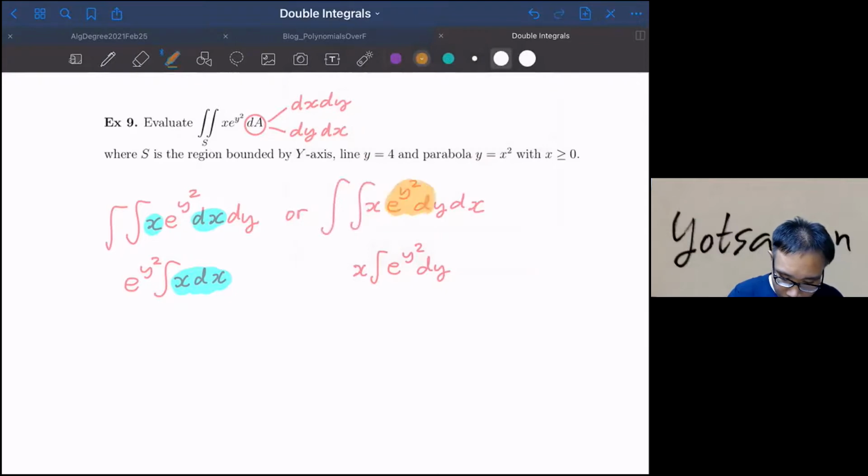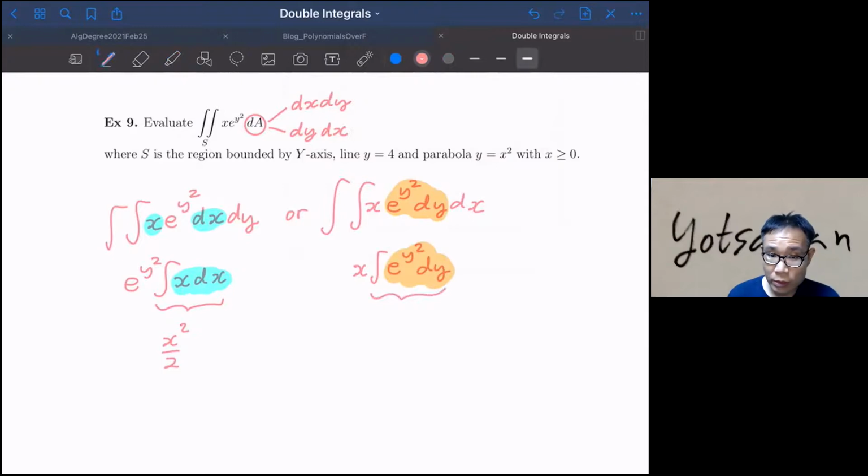Why did I do this? For you to see which one can be done and which one cannot. If you integrate x dx, this one is okay. It's just x squared over 2, quite easy. However, for this one, you integrate e to the y squared dy, and this is impossible to integrate.